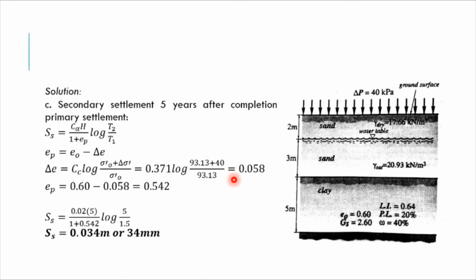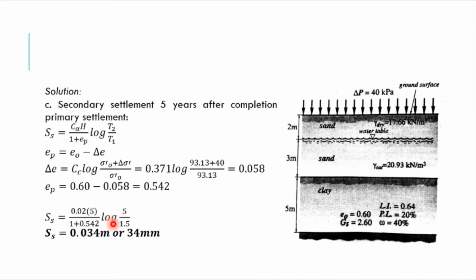So therefore, the change in e is equal to 0.058. So the void ratio at the end of primary consolidation is equal to 0.60 minus 0.058. It's equal to 0.542.